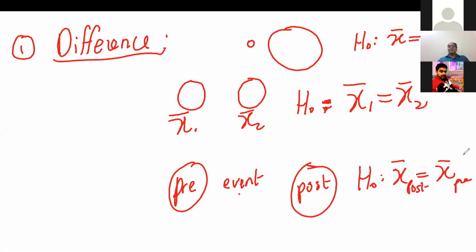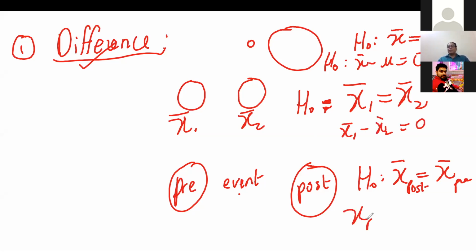So in all these cases, we are applying the hypothesis of difference. You can also write here that x bar minus mu is equal to 0, or x1 bar minus x2 bar equal to 0, or x post minus x pre equal to 0. So this is called the hypothesis of difference, right?